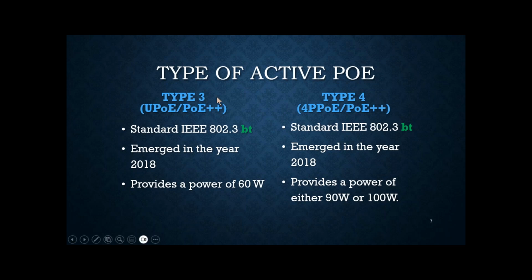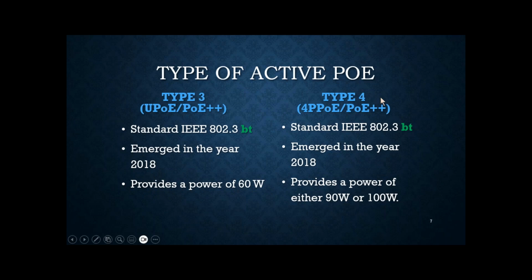We also have type 3, also known as PoE++. This standard works under the IEEE 802.3bt, emerged in the year 2018, and provides a power of 60 watts.